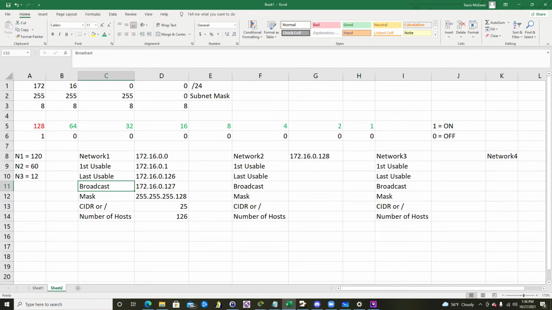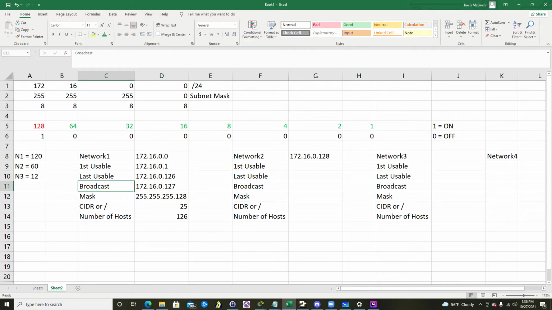I can't assign 0.0 to an interface or to a PC. It's just a representation of the network. And I can't assign the 127 out because that's the broadcast. All devices on this LAN, this network, can use that 127. So that's a shared address. So that leaves me with a total of 126 IP addresses.